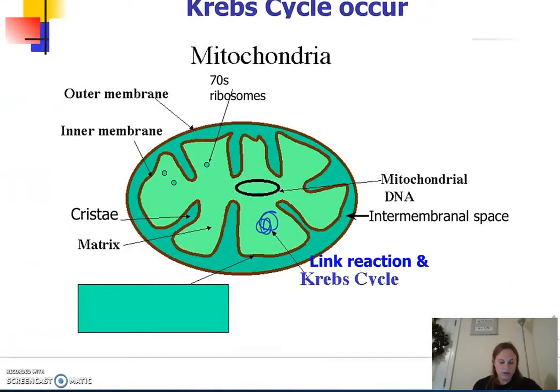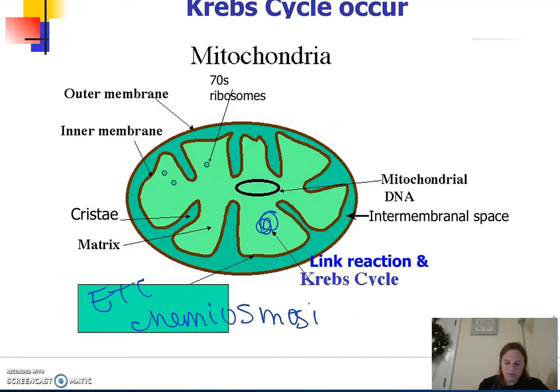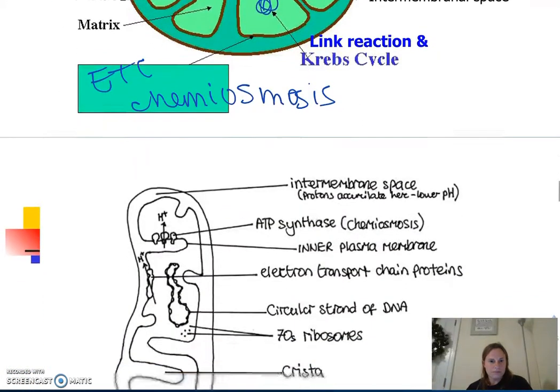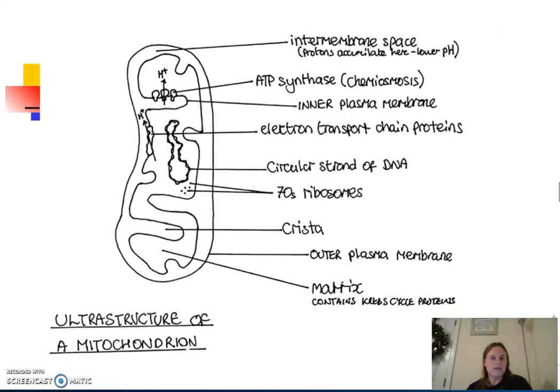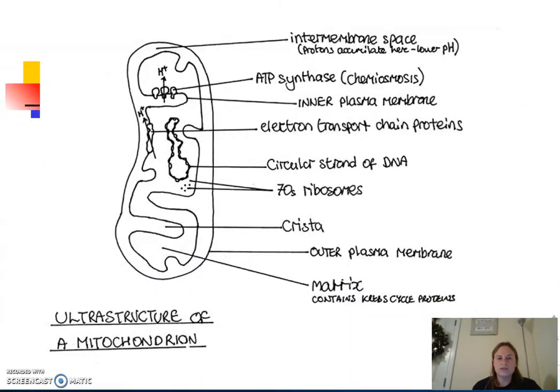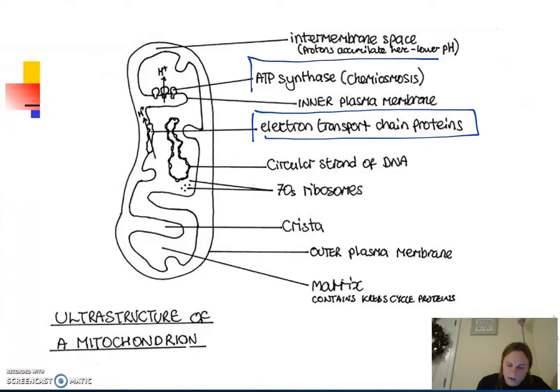We are going to learn that the ETC and chemiosmosis are going to occur on the inner membrane. Again, here is another version of a hand drawing of the mitochondria, an ultrastructure of the mitochondria, showing all of the different structures, where you can see we are headed towards the inner membrane for ETC and chemiosmosis.